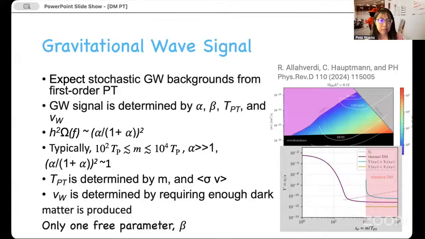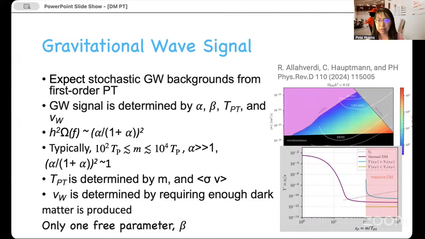The gravitational wave signal is proportional to alpha over 1 plus alpha squared. As we have shown here, in this scenario, to have the right relic abundance, typically we require m over the phase transition temperature to be in the range of 100 to 10,000.